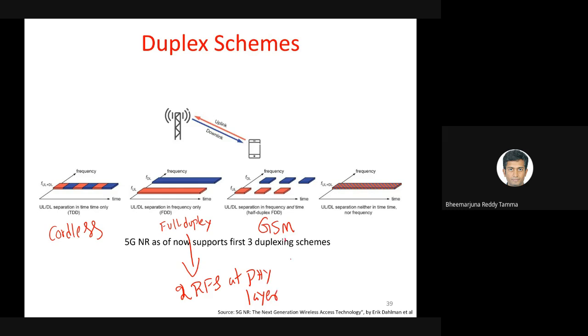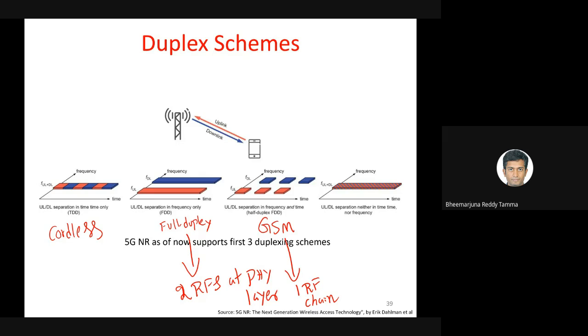Whereas here we can manage with 1 RF chain, so that we can reduce the cost of the handset. What happens is, yes, we use one uplink frequency and one downlink frequency, but we don't use both of them simultaneously. You can see that they are spread across the time domain and not overlapping in the time domain.